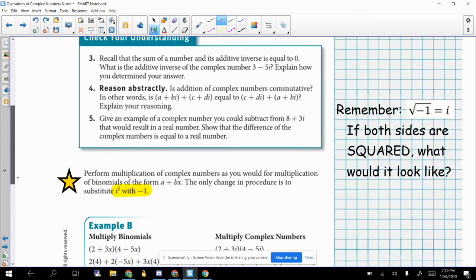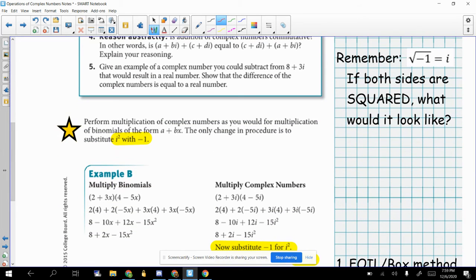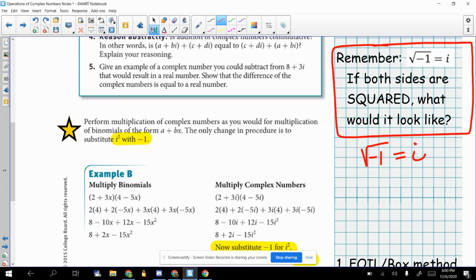Okay. So now let's go ahead and move on to multiplication. And it says here, perform multiplication of complex numbers as you would for multiplication of binomials. The only change in the procedure is to substitute i squared with negative 1. So this is important here. All right. So remember that the square root of negative 1 is equal to i.